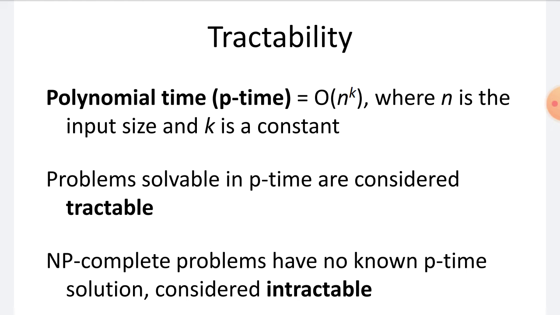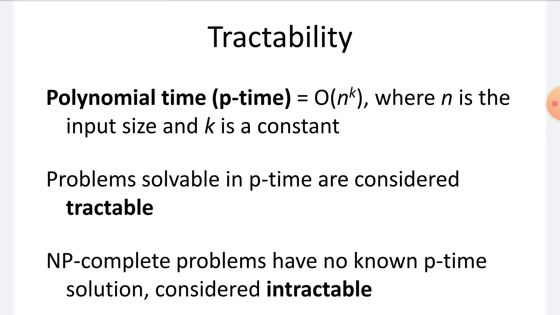Whenever you are running some example algorithm, or you are finding the total number of comparisons, you will get some polynomial expression. So the time for a given algorithm is called polynomial time, that gives the time as a polynomial expression.